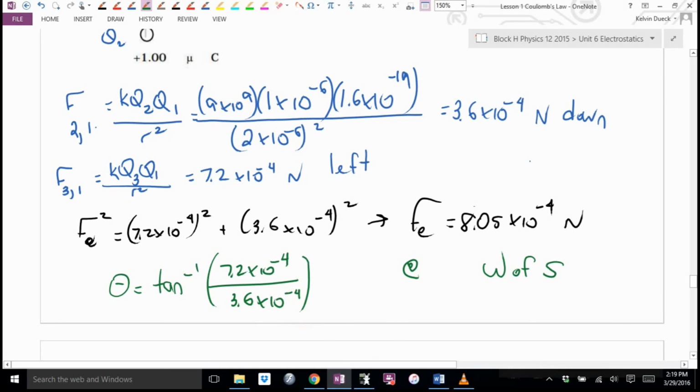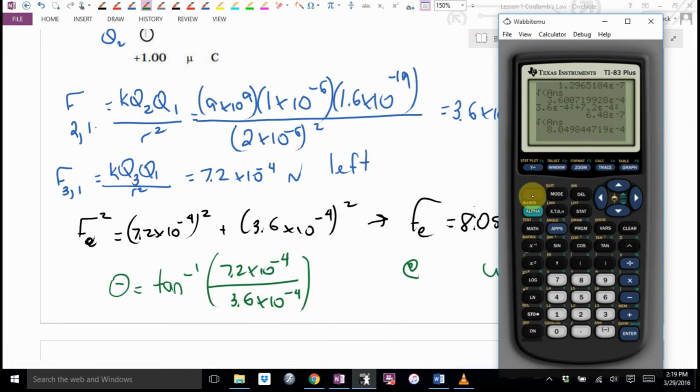Dustin, if you want a little shortcut, you could just go inverse tan of 2 over 1, because the 10 to the negative 4s cancel, and 7.2 over 3.6 is just 2. Anyway, do you get, you know what? This thing's going to be in radians, isn't it? New calculator. Let's try that again. Yeah, 63.4 degrees.